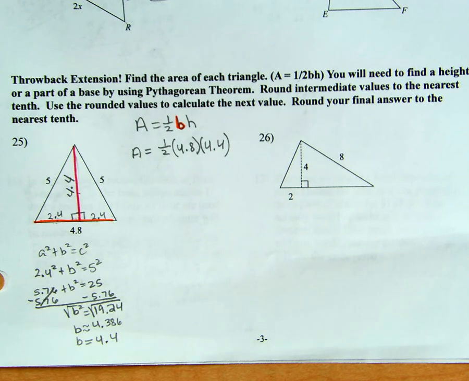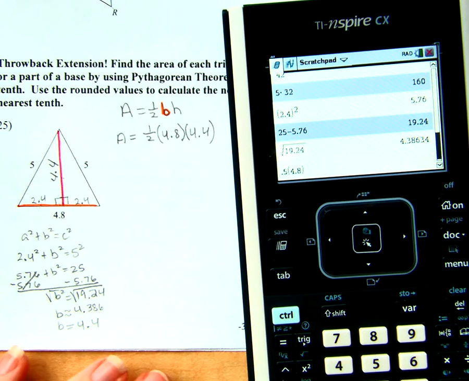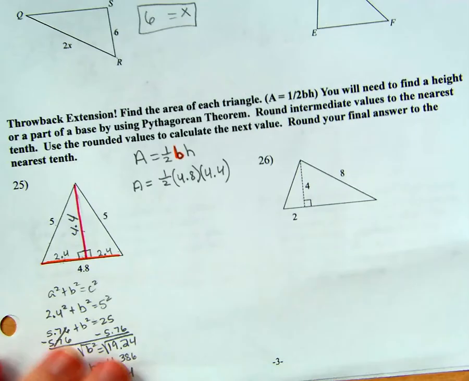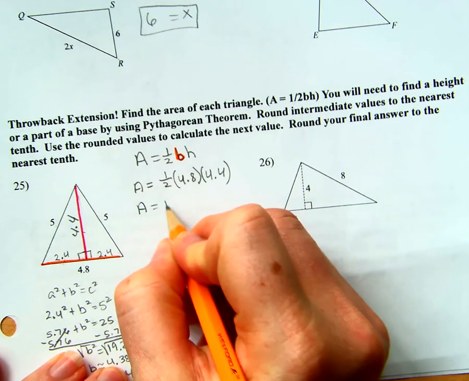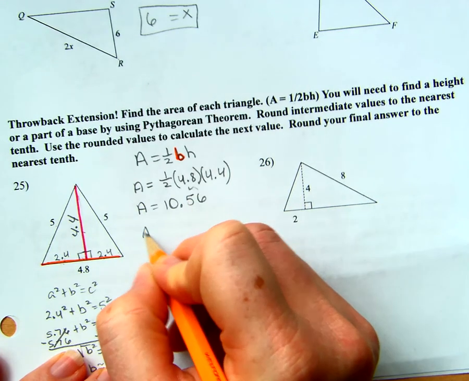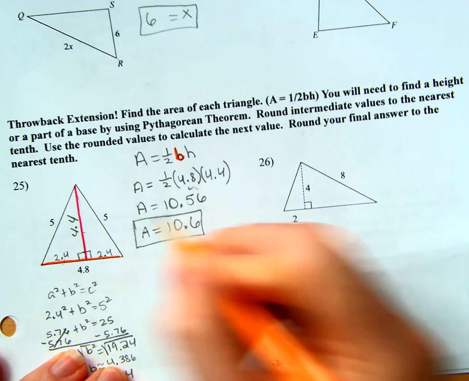I'm just typing into the calculator right now: 1/2, 4.8 times 4.4. I'm just going to throw it all in at once, and I'm going to get 10.56. And then for 10.56, the 6 rounds the 5, and so my answer is going to be 10.6.